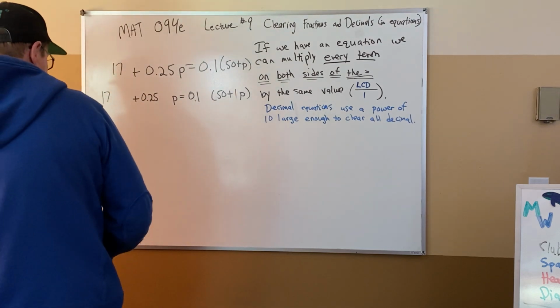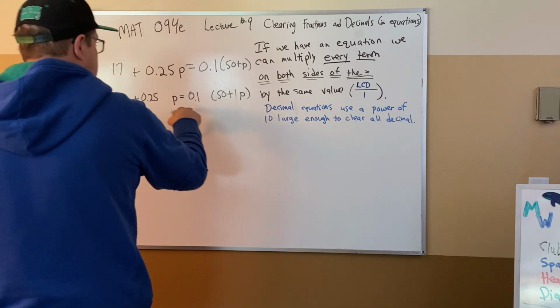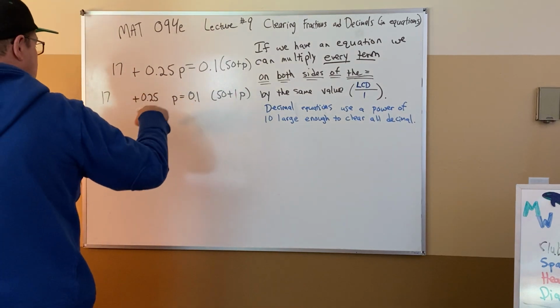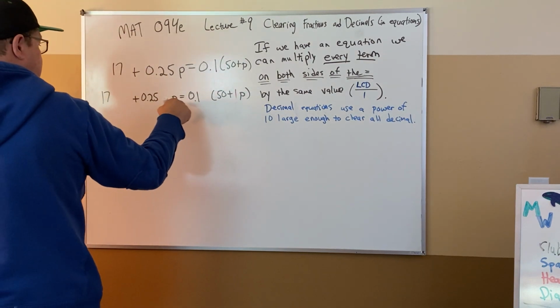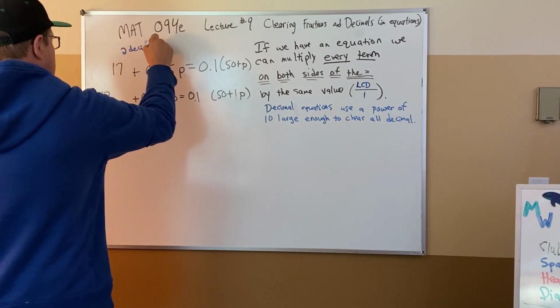Let's see what we need here. No decimal places, 2 decimal places, 1 decimal place. The most I heard was 2 decimal places. It came from this one. 2 decimal places is what I'm thinking.